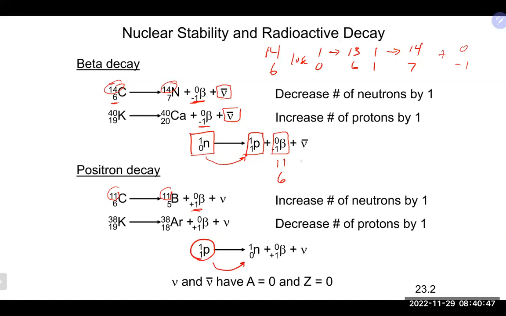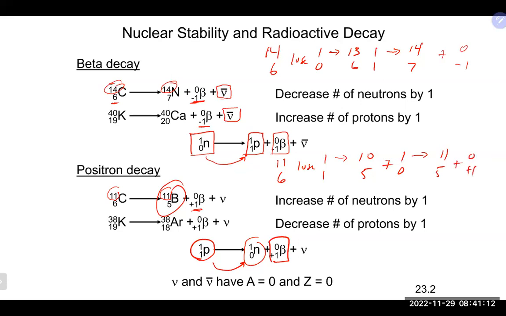It loses again here a proton, which is a 1 and a 1, which gets us to a 10 and a 5. The process though then gains a neutron, which gets us to 11 and 5. Which is on this example where we end up, and obviously giving off our positron particle as a result of that as well.